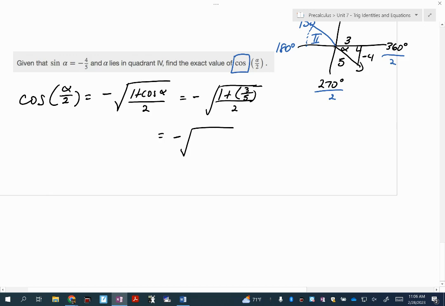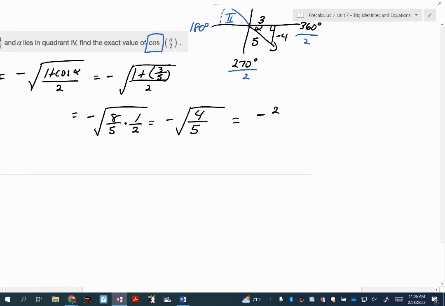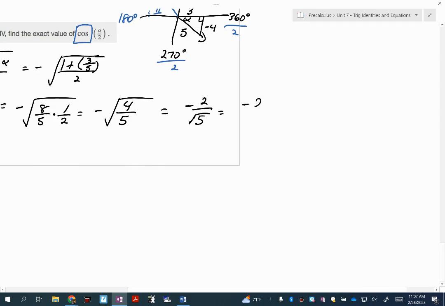We get 1, which is really 5/5, plus 3/5, which is 8/5, divided by 2, or times 1/2. 8 divided by 2 is 4. We should know the square root of 4, which is 2. So here's the answer. Rationalize the denominator, and I'll put the negative in front: negative 2 times the square root of 5 over 5.